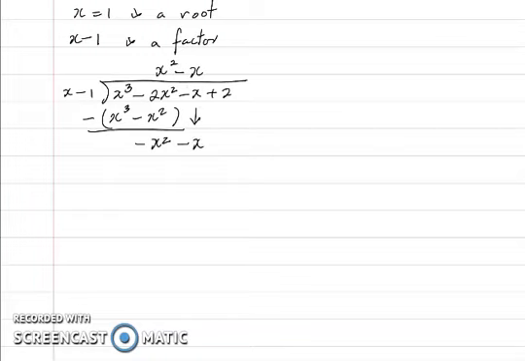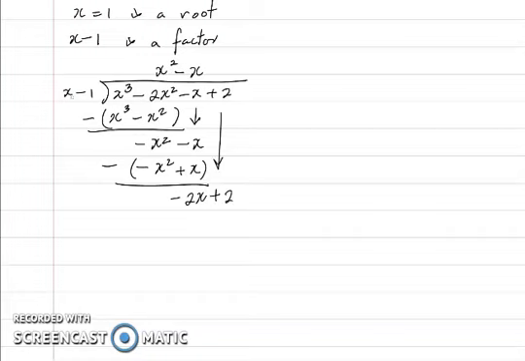Now minus x times x is minus x squared, and minus x times minus 1 is positive x. Now if I subtract, the x squared is going to go, and then you're going to have minus x minus x, which is minus 2x. Then I bring down the positive 2.